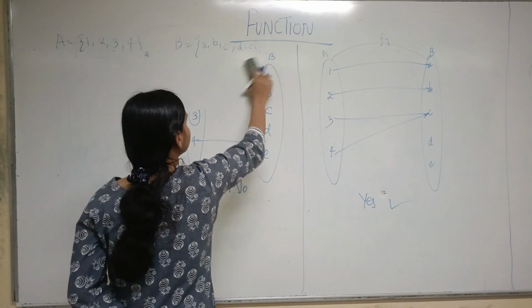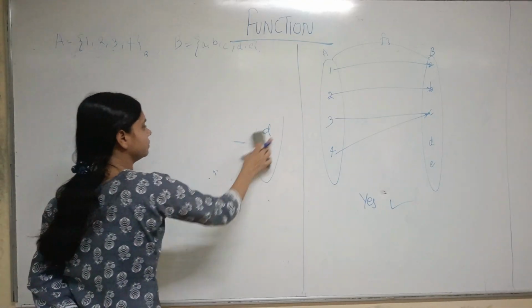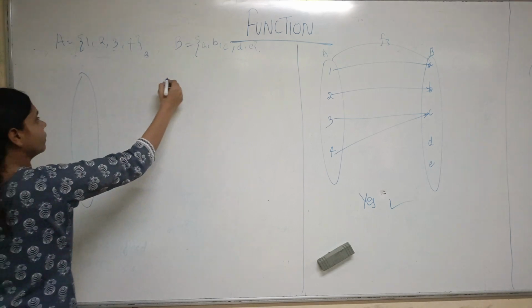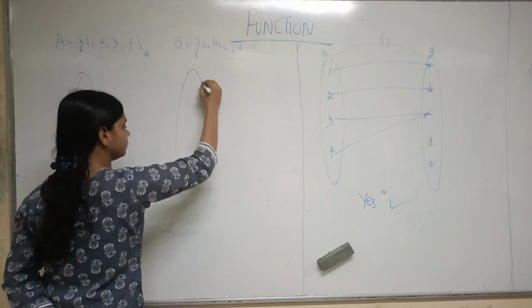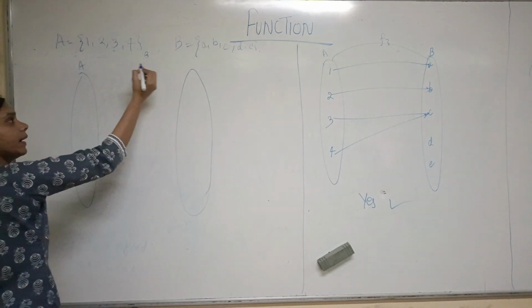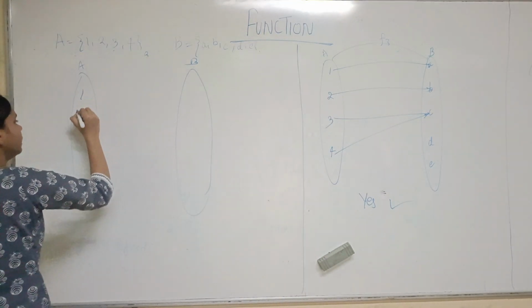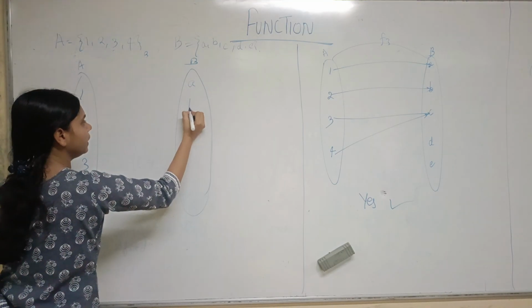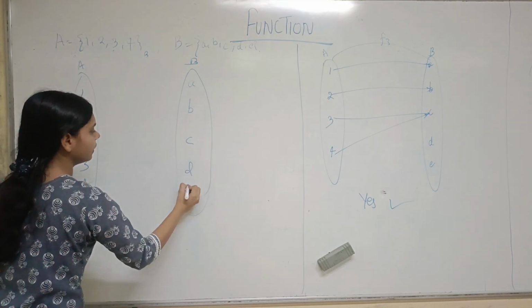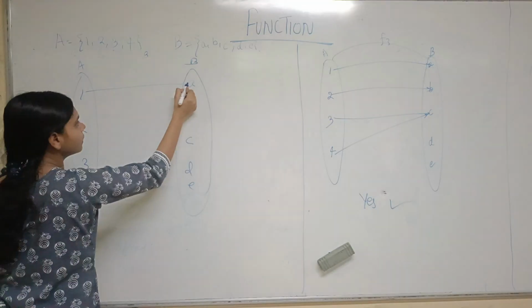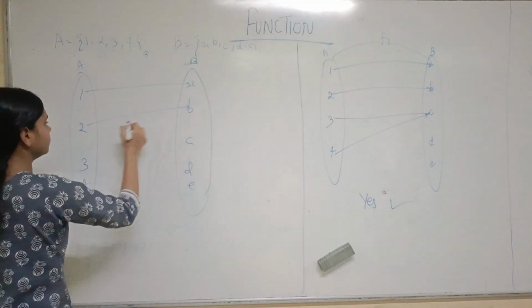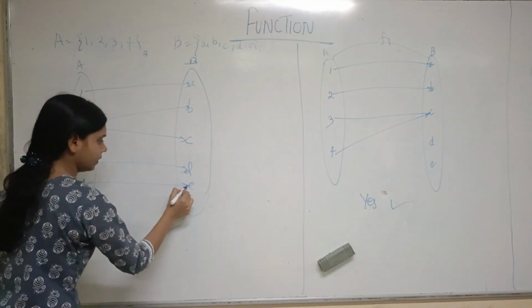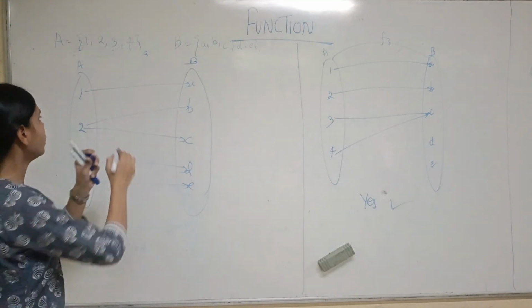we take another example. Set A and set B: 1, 2, 3, 4 and A, B, C, D, E. Now tell me anyone, is this a function or not?